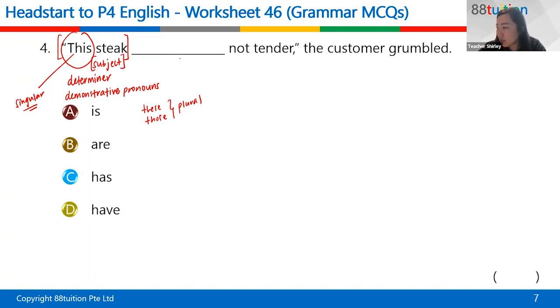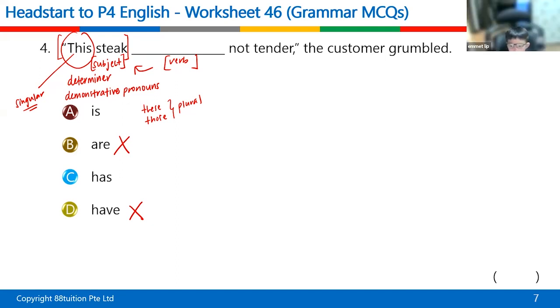Again, the verb must agree with the subject. It's a singular subject, so it must be a singular verb. So this is plural, so these two are out. Okay? So this stick is or this stick has. Which one? This is. Very good. Okay, so this stick is.